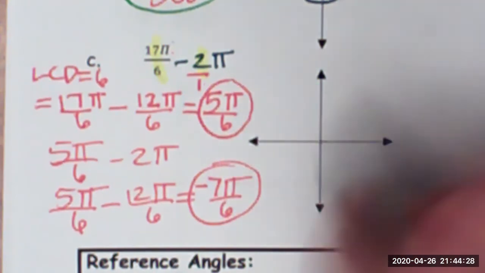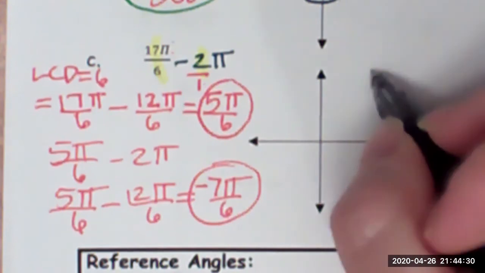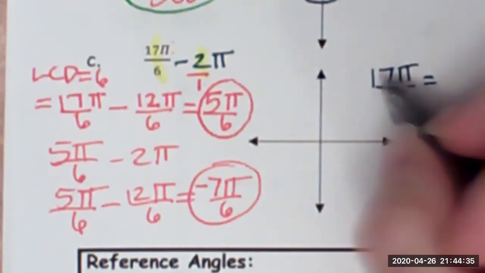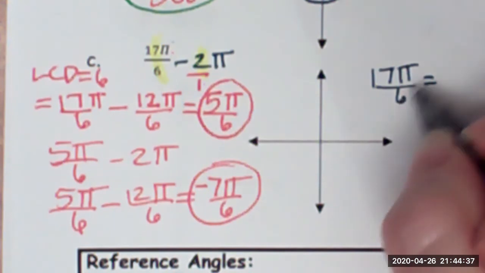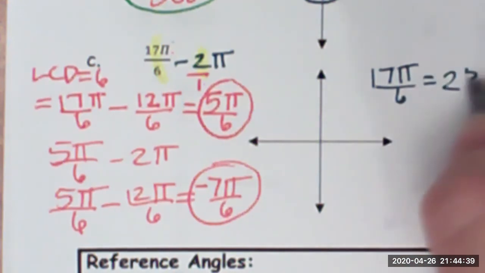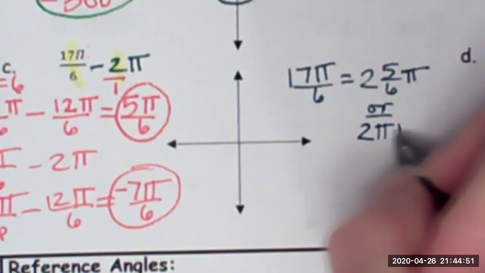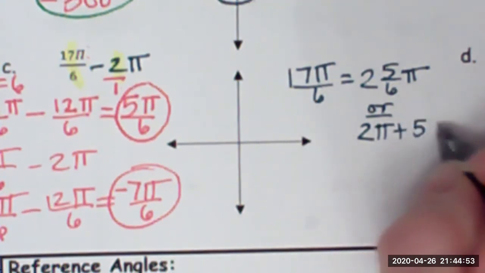Okay, so keep in mind here, we've got 17 pi over 6. 17/6 is 2 5/6, so it's 2 5/6 pi. Or another way of looking at it, if it's easier for you, 2 pi plus 5/6 pi.